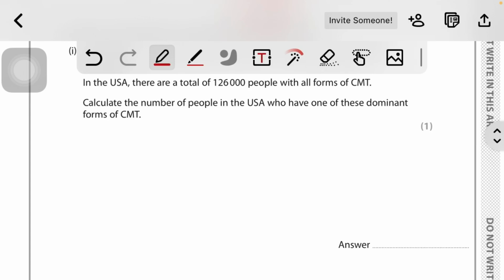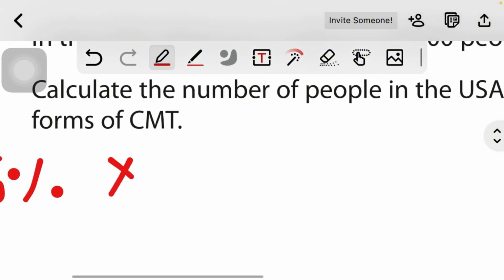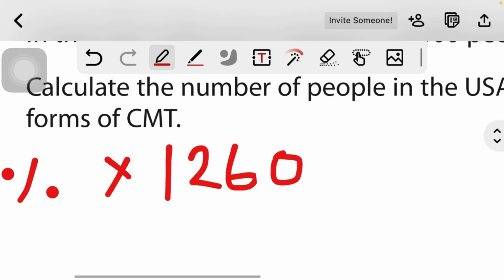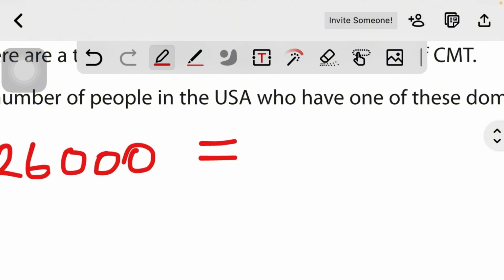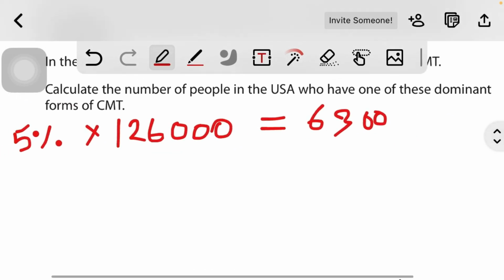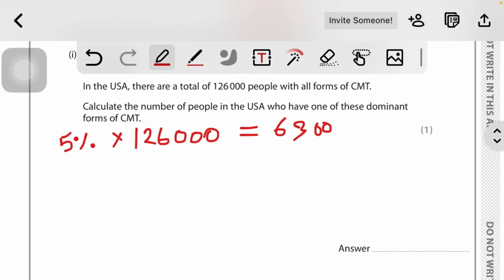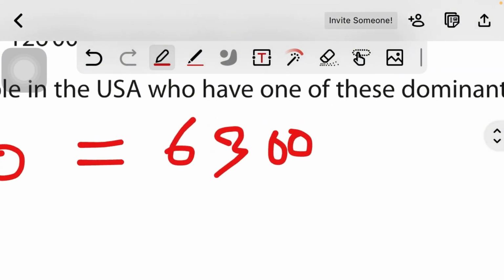So it is 5% of 126,000. So the math is 5% of 126,000, which will be equal to 6,300.